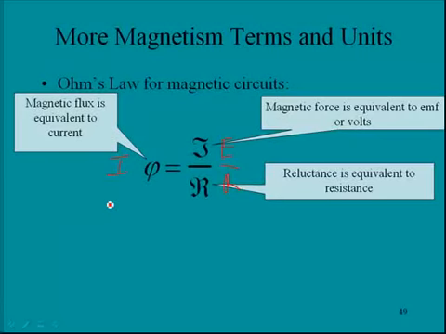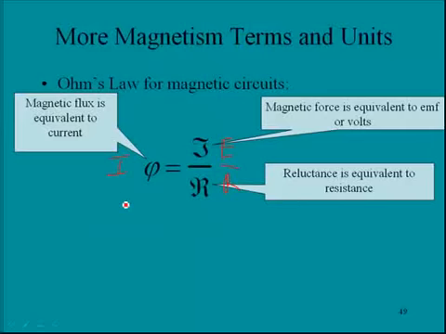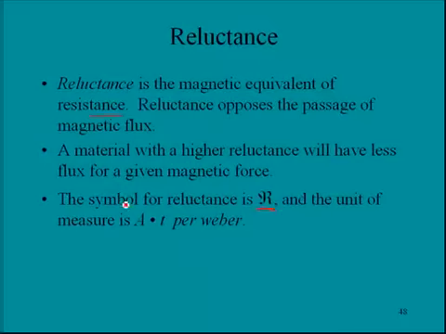We looked at the equivalent of Ohm's law in terms of magnetism. We talked about reluctance, and it is electrically the equivalent of resistance.